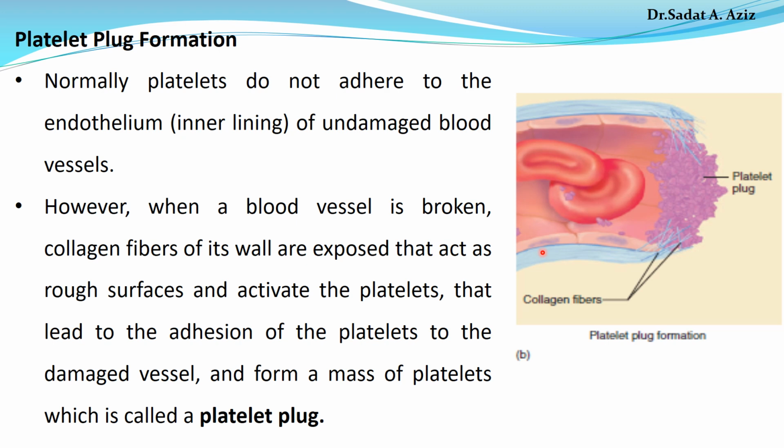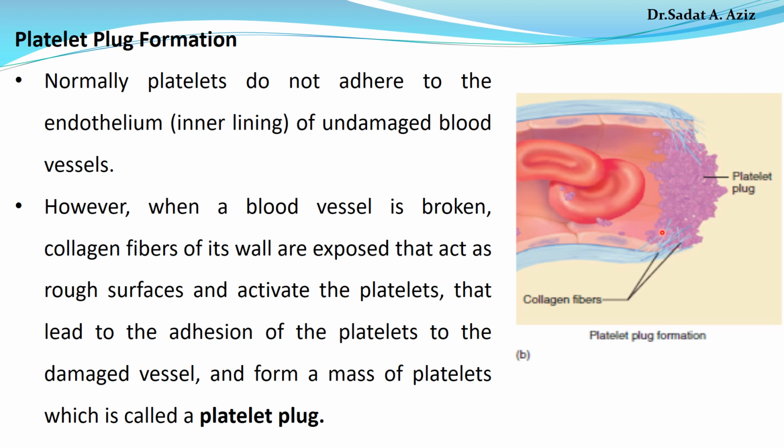However, when a blood vessel is broken, similar to what we see here, the collagen fiber is exposed to the blood and acts as a rough surface that activates the platelets.